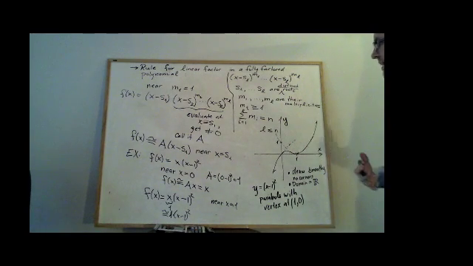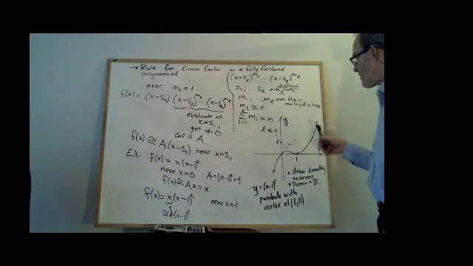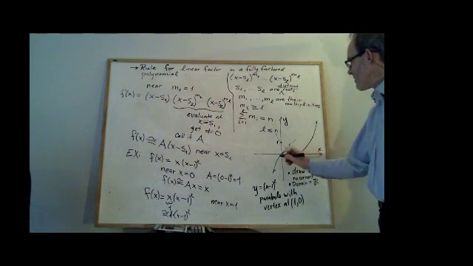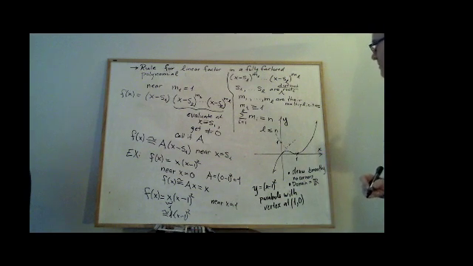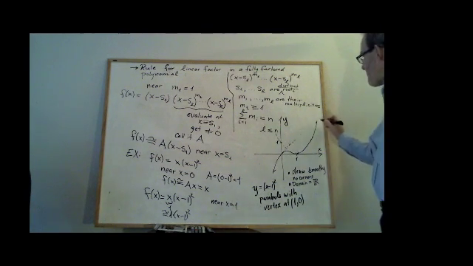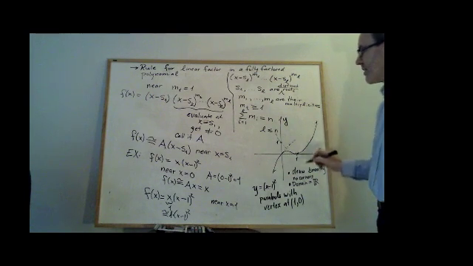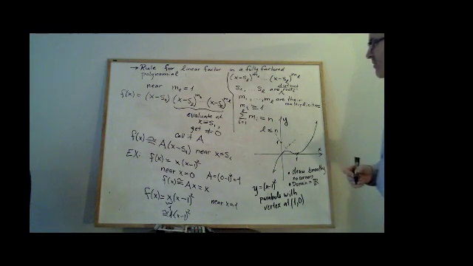So you can determine that graph mostly from this factored form. It shows you the behavior near the roots. Furthermore, you can find the behavior at large values by considering the leading order term of the polynomial.